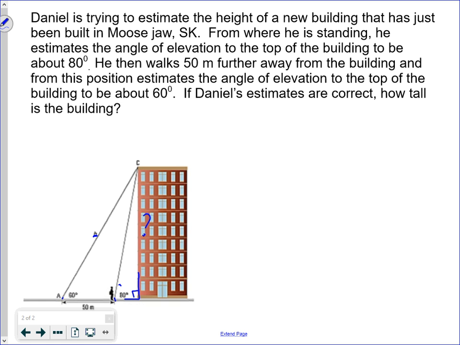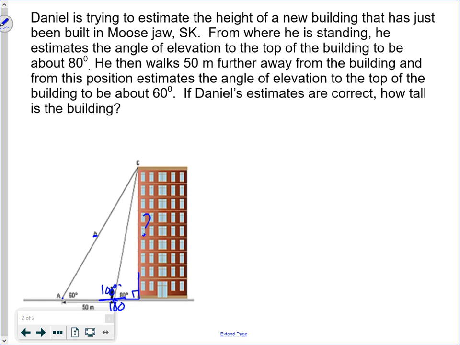So where he's standing right now is a straight line, which is 180 degrees. And this is made up of two angles, so the 80 degrees and then the other one. So if I take the 180 degrees and subtract 80, this angle in here will be 100 degrees.